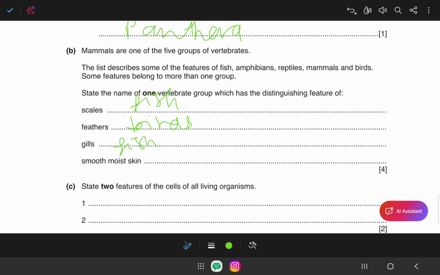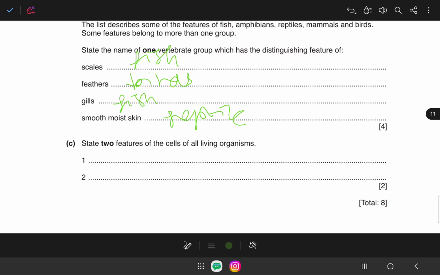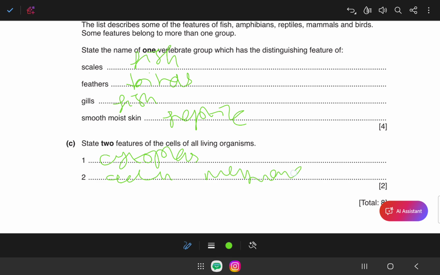Smooth skin, reptile. State 2 features of cells of living organisms. Cytoplasm and cell membrane.